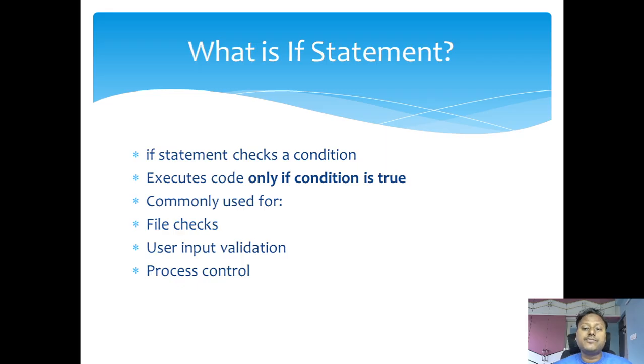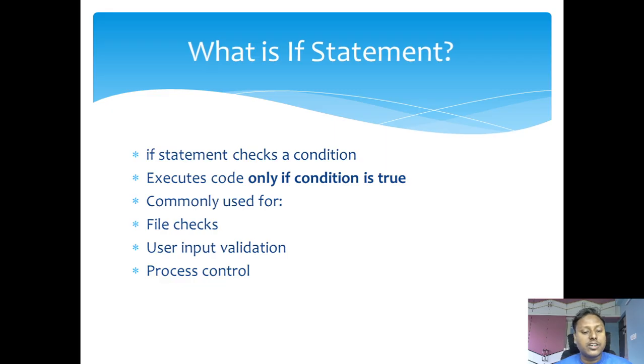So what is an if statement? An if statement first checks a condition, whether that condition is matching or not. Next, it executes code only if the condition is true. What are we using it for? We are using it for file checks, whether this is a file or not, this is a folder or not, or the file is empty or some other values.